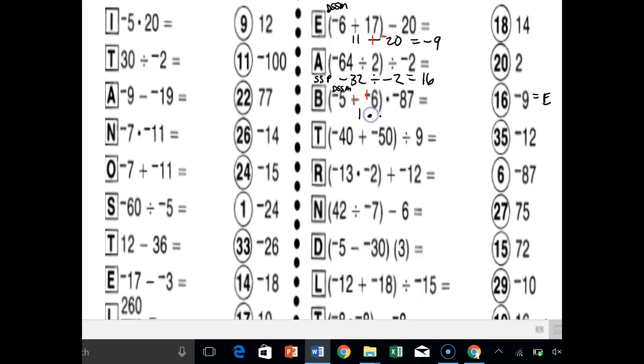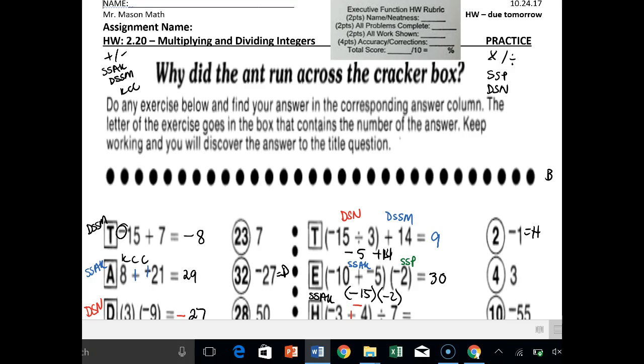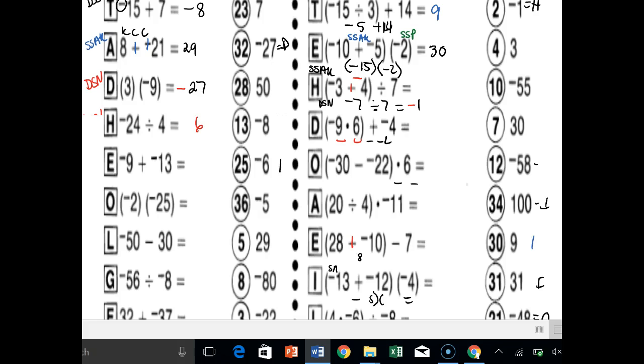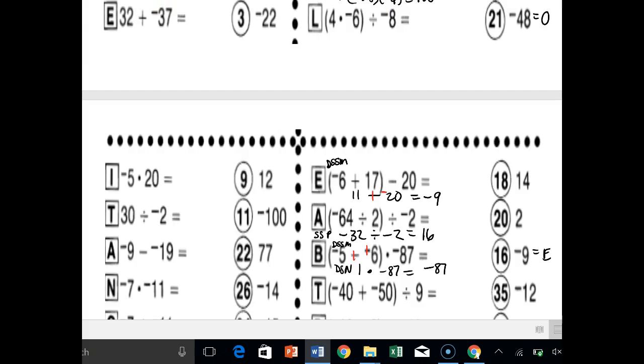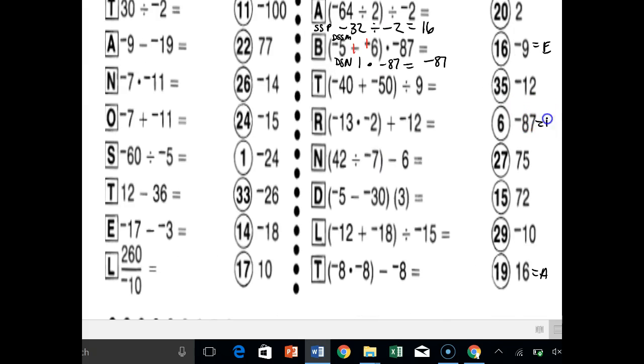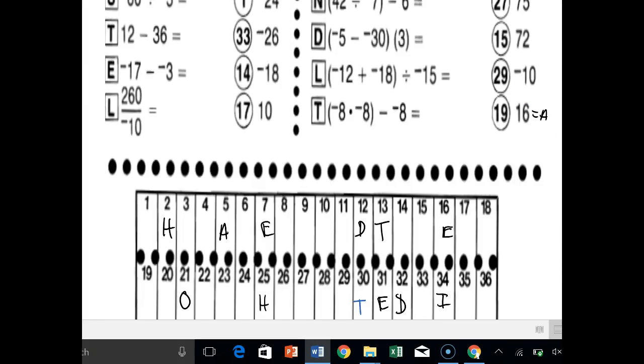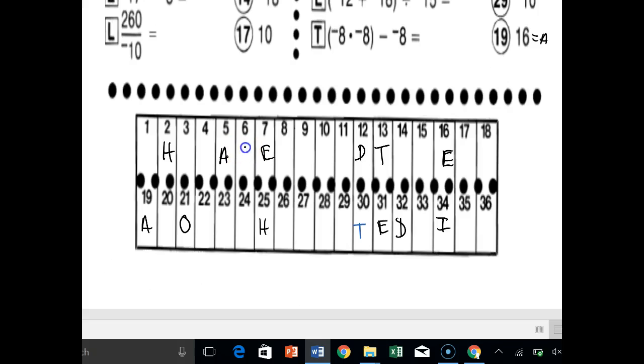And then 1 times -87, it ends as a DSN, different signs negative. You get -87, right? So put the letter B on 6. So letter B on 6.